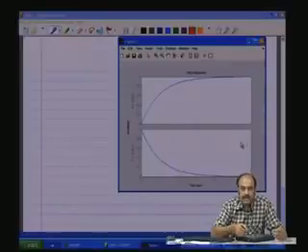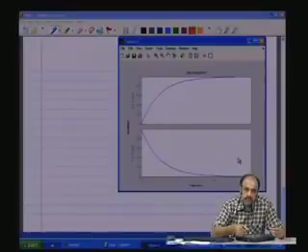Zero means that at some points of the time domain curve, you will see that the output is 0 even when the input is present. That is 0 gain.